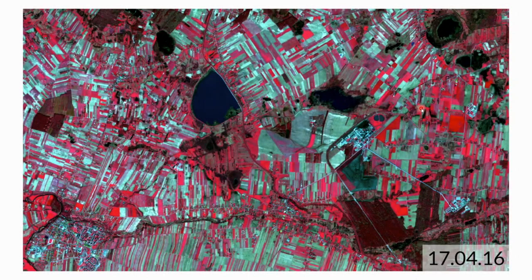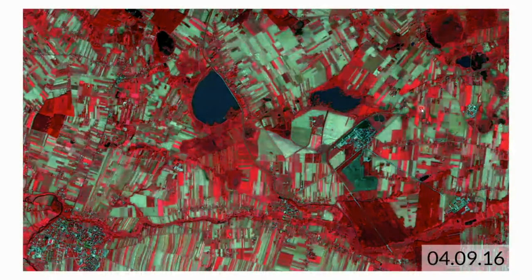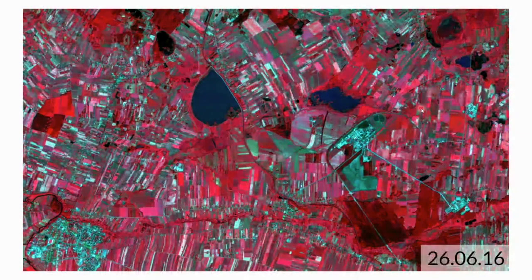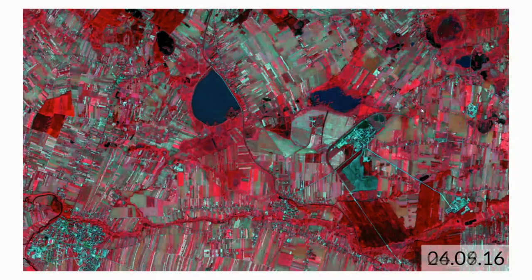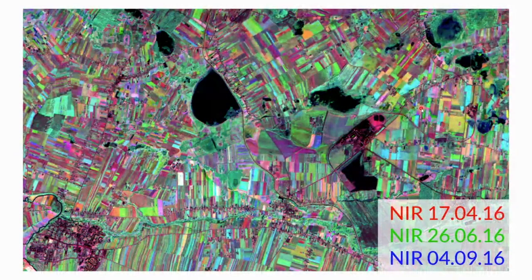When we go to examples of applications, but just a small theoretical example. We have an image from April here, from June, from September. We can see how it changed, of course, and it changed differently for different crops, different classes of land. This is quite a nice, I think, color composition.